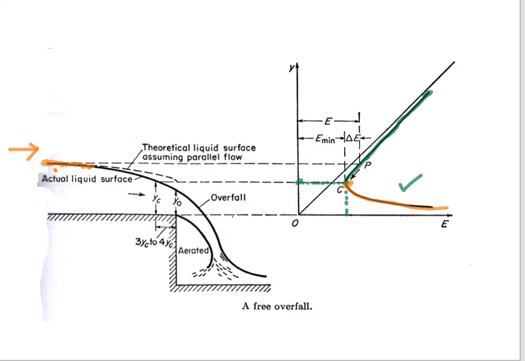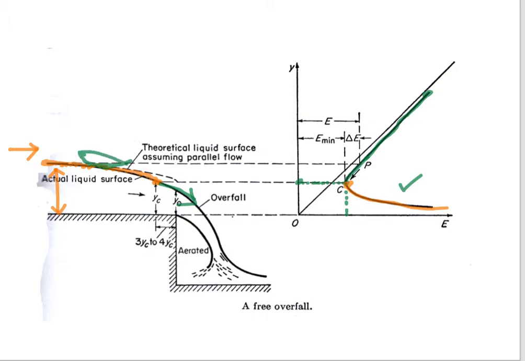The depth here becomes shallower and shallower, and then at a certain point here you will find that the velocity of the waterfall rapidly increases. This rapid velocity will give you an increment of energy.